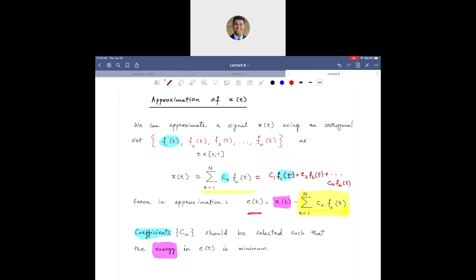So when you do the energy, you are essentially squaring things, which is taking care of that deviation away from zero. Not just the absolute value, but the square of the absolute value. Yes.